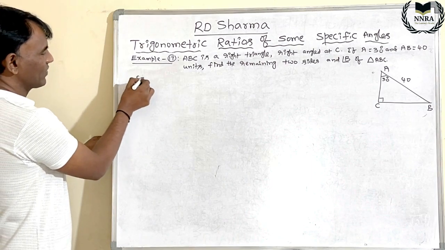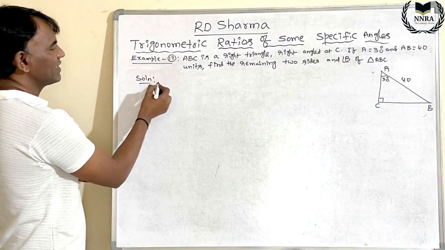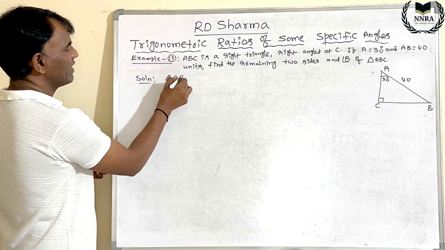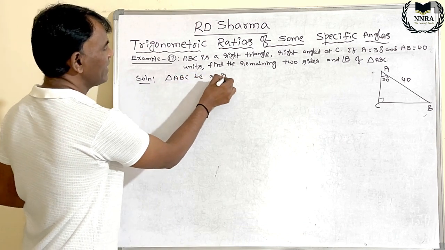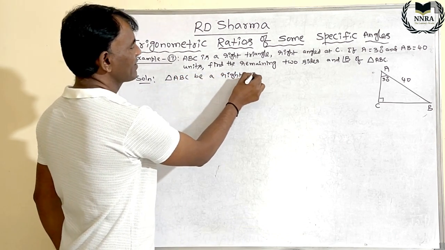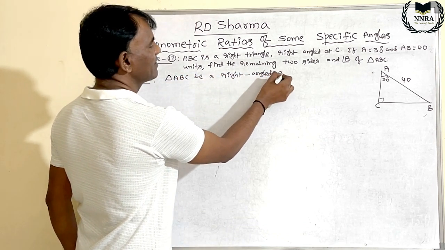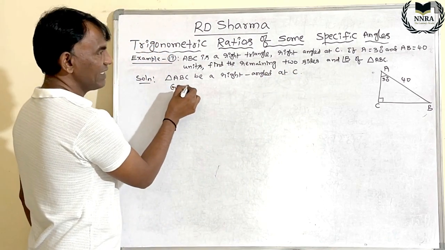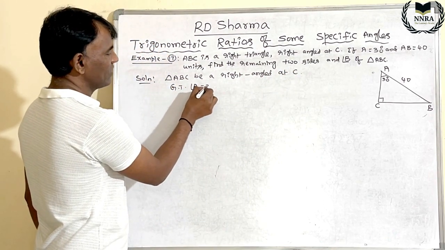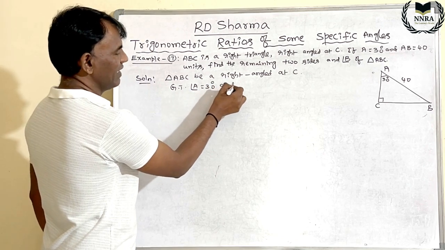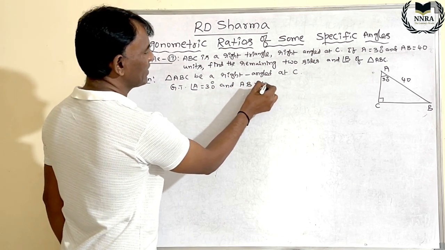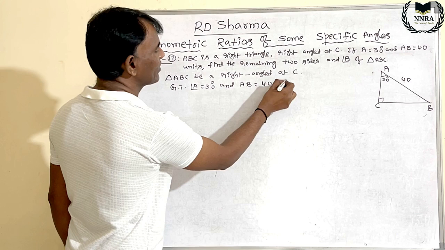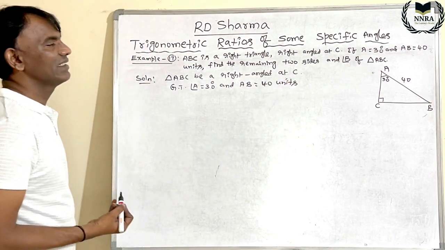Now see here, what is the given condition? Triangle ABC, right angle at C, angle A equal to 30 degrees and AB equal to 40 units. That is the given data.